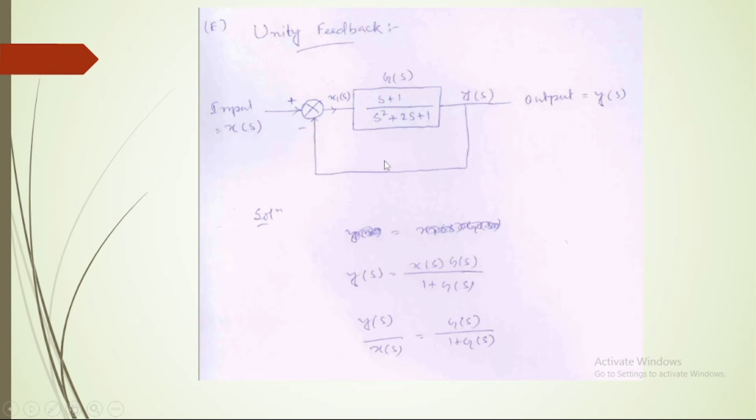The value of H of s is 1, so that's why it is directly connected from output to the input summing point. Similarly, you calculate the transfer function of this system as I showed you earlier. So the overall transfer function y of s upon x of s is G of s upon 1 plus G of s, since the value of H of s is 1.